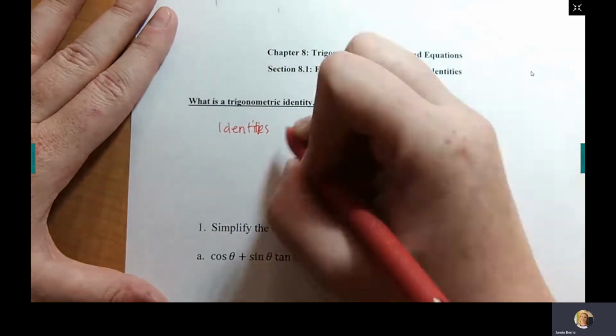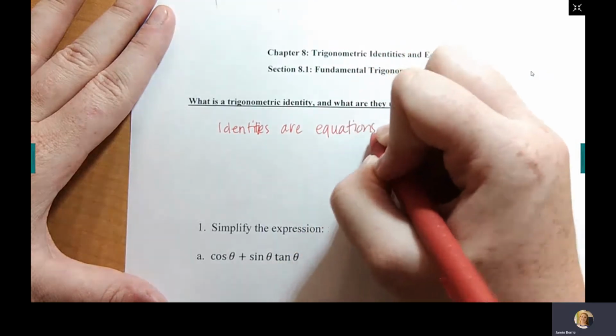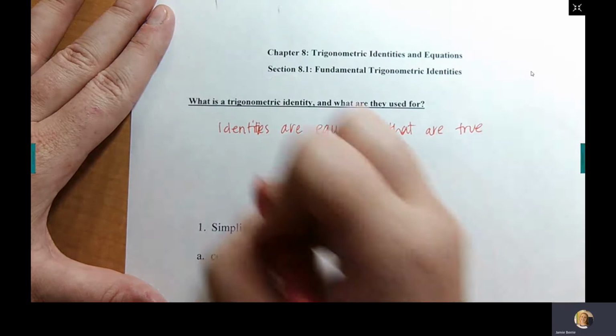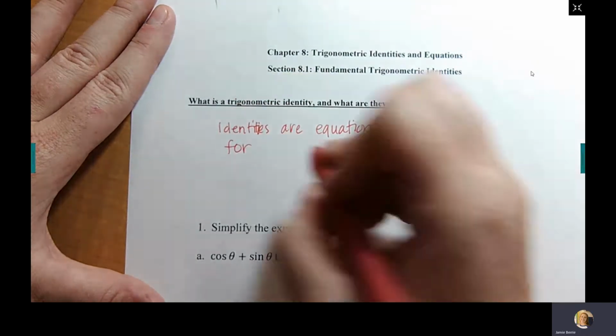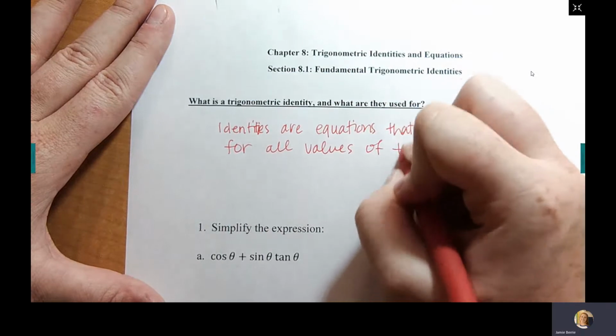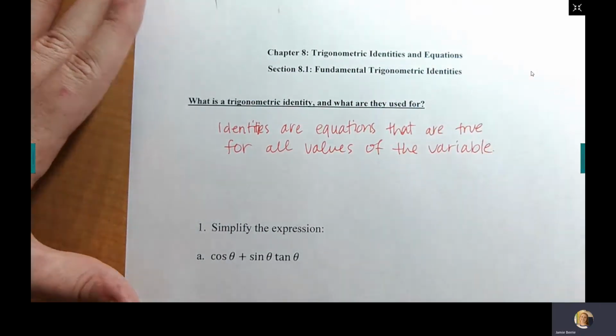Identities are equations that are true for all values of the variable. So that means no matter what angle you plug in, that equation is still going to be true.